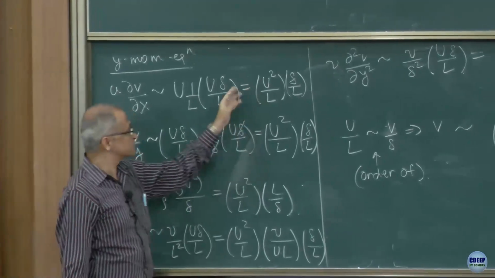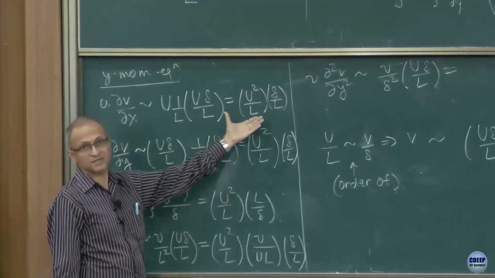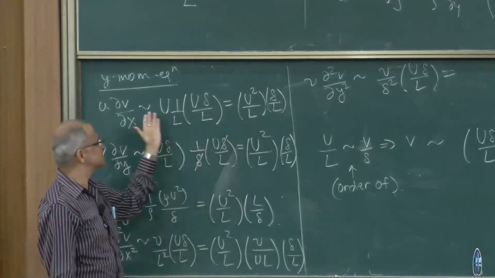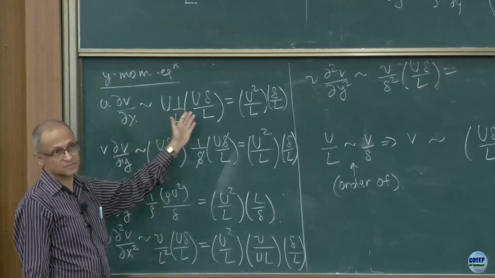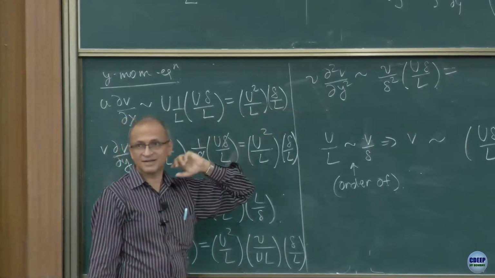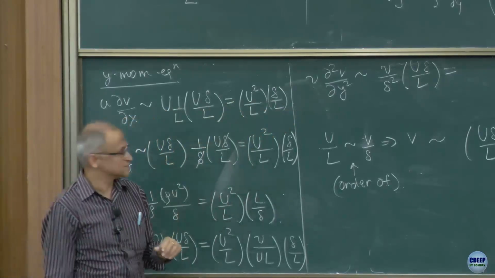You don't have to keep on putting an approximate because these two are exactly equal, but this is of order of this term here. So you don't keep on putting this tilde sign everywhere. It's only once that is required.